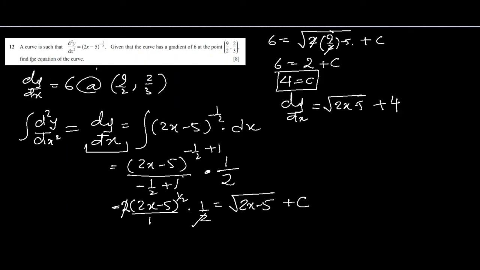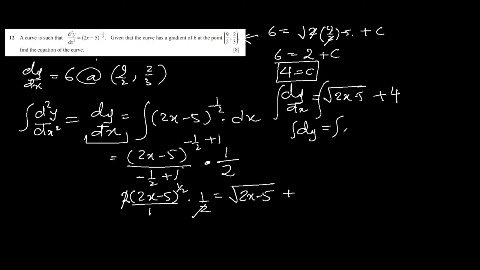Now, find the equation of the curve. So we have to further find the equation of the curve. So we integrate both sides again. Integration of dy will be the integration of the square root of 2x minus 5 dx plus 4 dx. So integration of dy will be y equal to the integration of this.